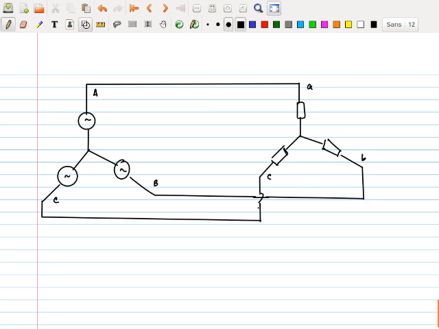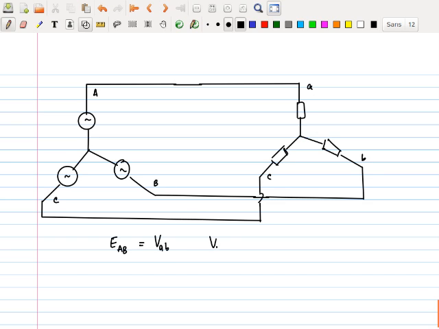If you want to make it very hard, you can include a line resistance here. But we are not going to do that. If you look at the book, there are some problems with line resistances included. But let's say we don't have any line resistance. When you look at this, you are going to realize that E of AB is equal to V of AB, since what is between these two lines should equal what is between the other two lines.